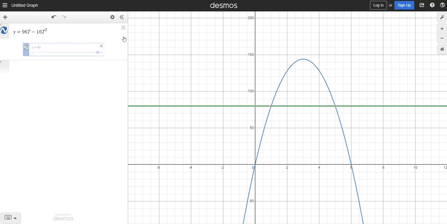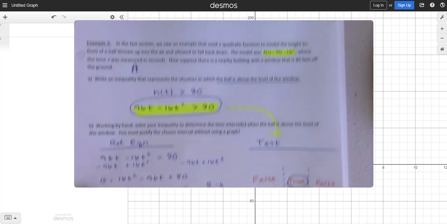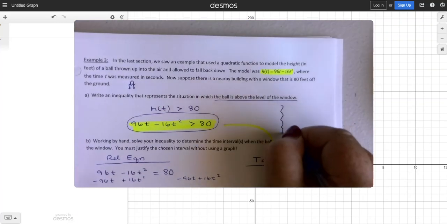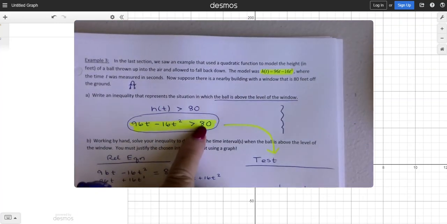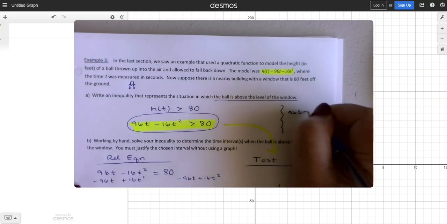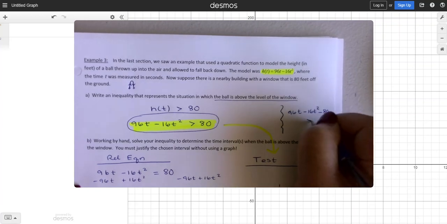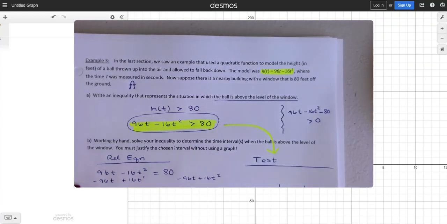Alternatively, I could have remembered to change this and bring the 80 over and said this is 96t minus 16t squared minus 80 is greater than 0.